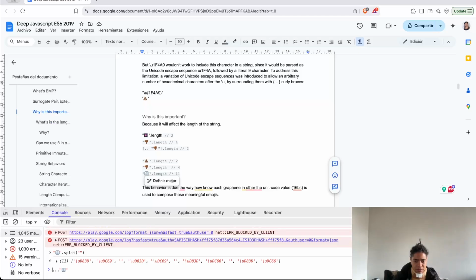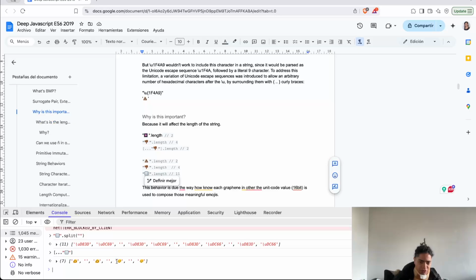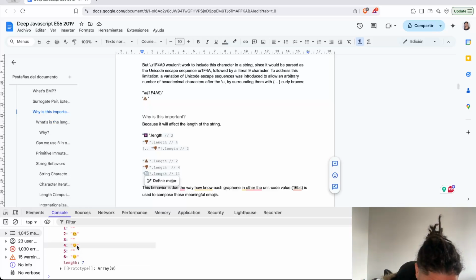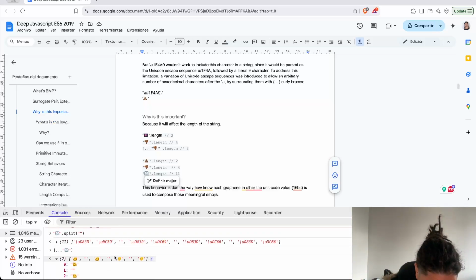So we can look at the internal representation of the emojis that is being used. And as you can see, it is two women: a woman separated by a space, another woman separated by a space, and a man, and another man.